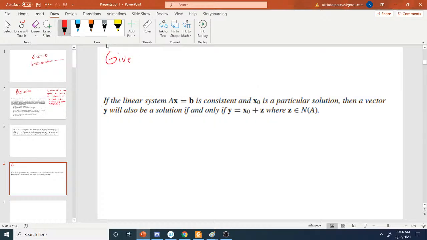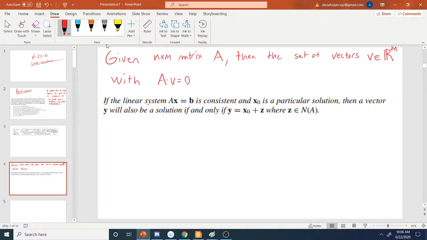Given an n by m matrix A, the set of vectors v inside Rm with A times v equal to 0 form a subspace of Rm.